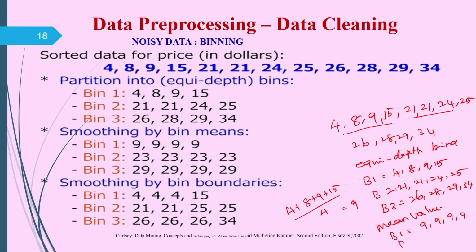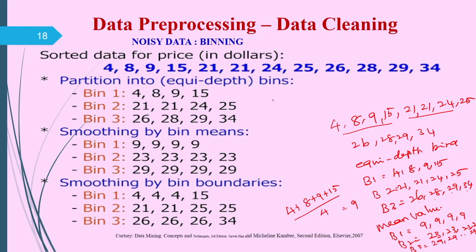Like that, bin 2 is also filled with the values 23, 23, 23 and 23, and bin 3 is calculated in the same way: 26 plus 28 plus 29 plus 34 divided by 4, which gives the equal values 29, 29, 29, 29.